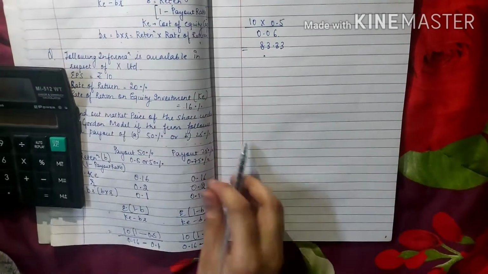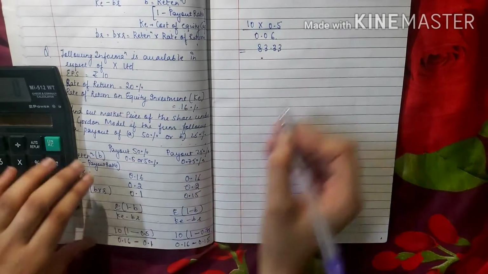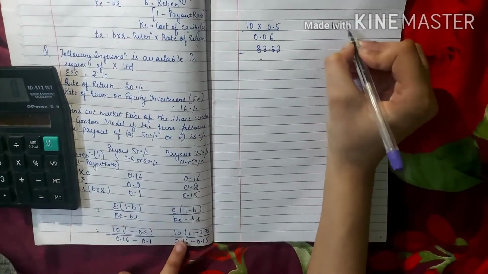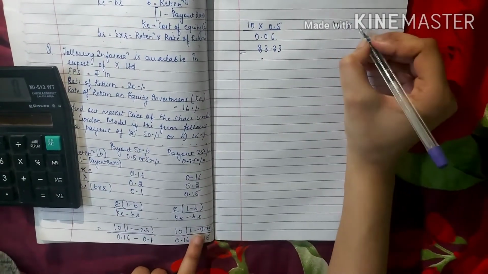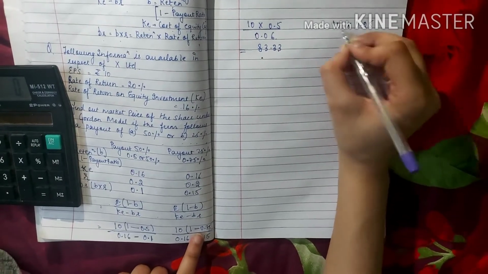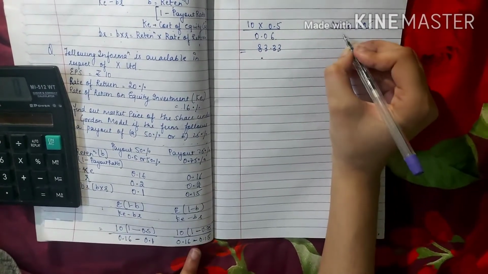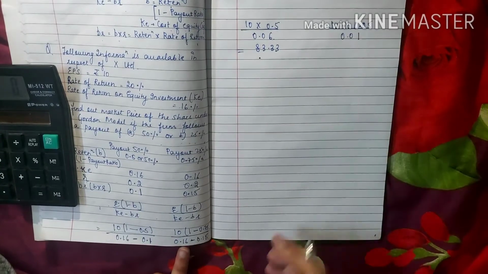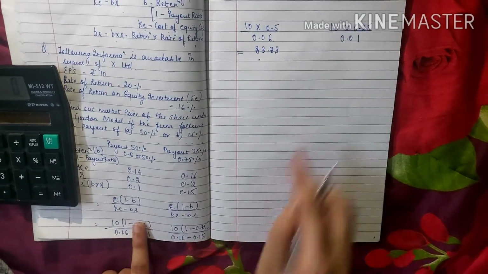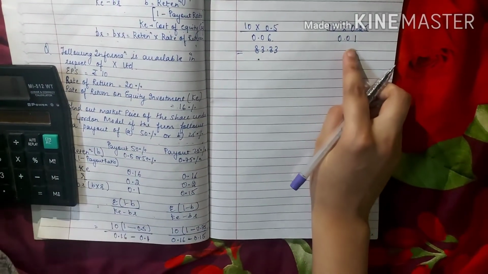Now in the case where the payout ratio is 25%, 10 into 1 minus 0.75 will be 0.25, divided by 0.16 minus 0.15, which will be 0.01.